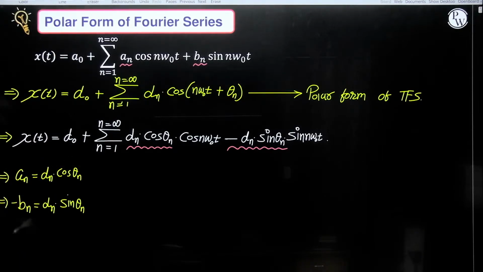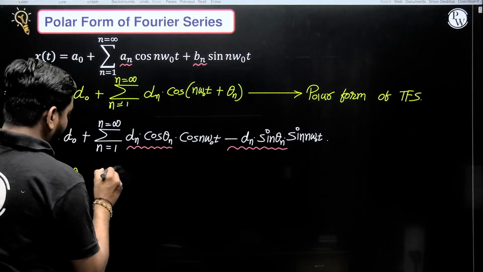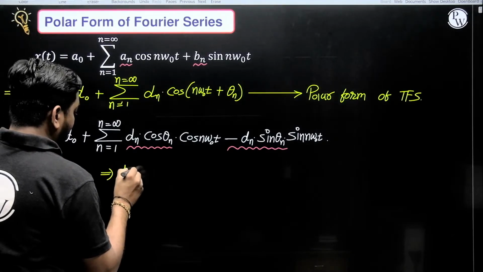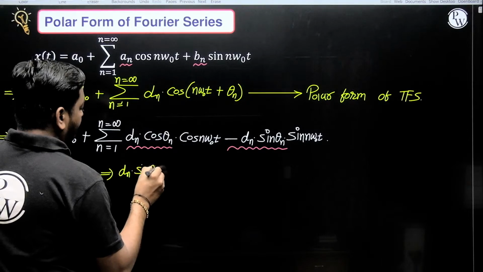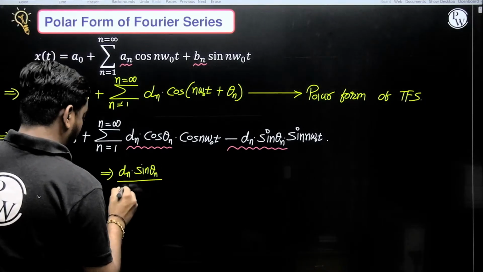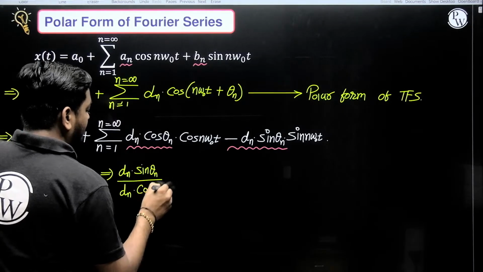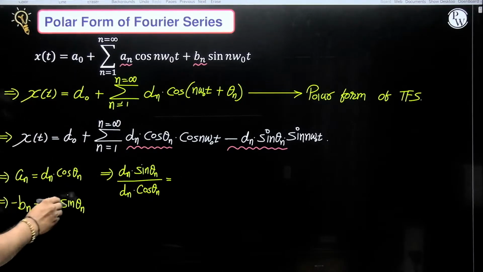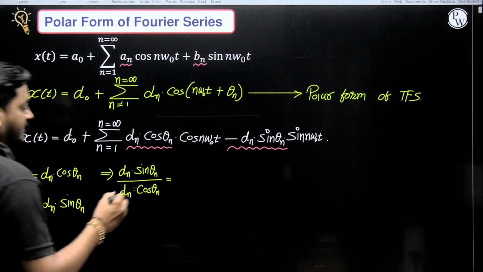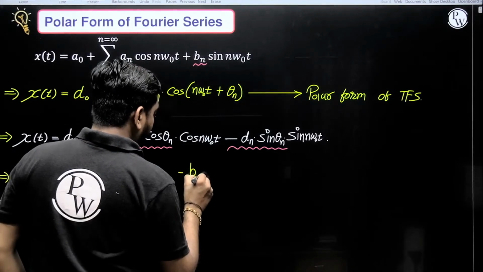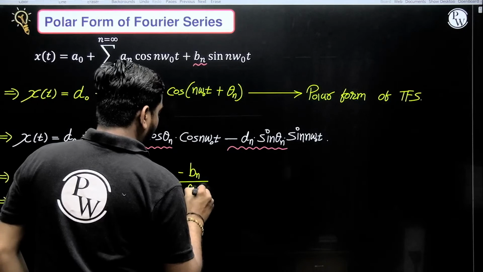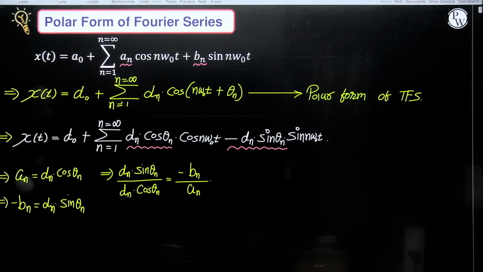If you take the ratio of these, it will be dn sin theta n upon dn cos theta n equals minus bn upon an, correct.